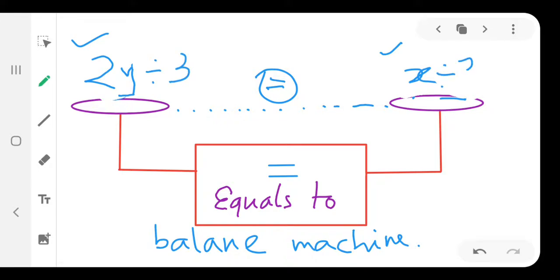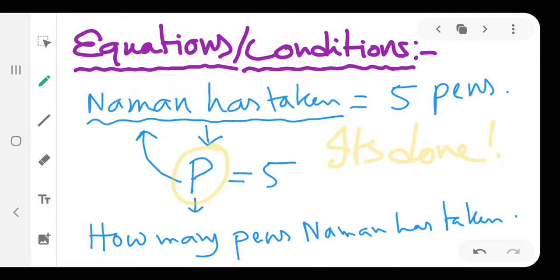Here also I have to divide by 3. But remember one thing, whatever you do on this side, you must do on that side to keep the balance. If you do something here and you don't do it there, the whole mathematics is wrong, because the whole logic will be wrong.